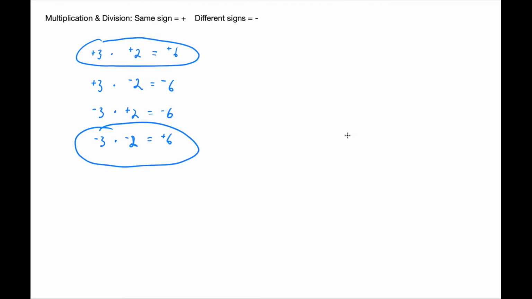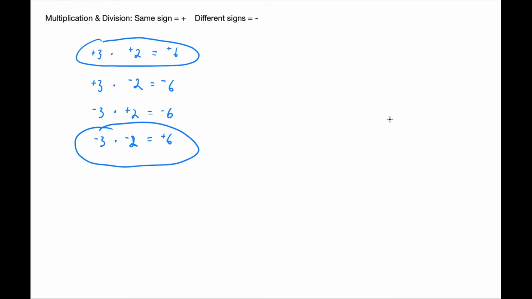It is very straightforward. I could give you the number line here and we could go over why that works that way. I'm not going to. This is all you need to remember. Same sign equals a positive. Different signs equal a negative. And if you have multiple factors, it works the same way, but it is always in pairs.